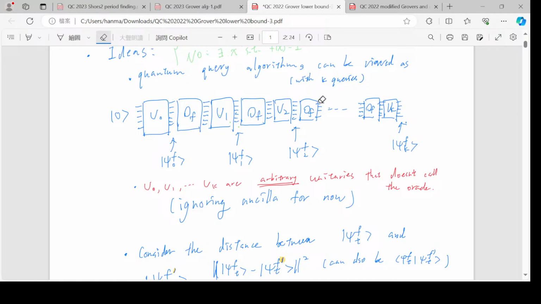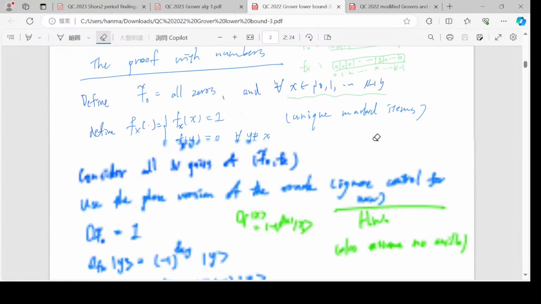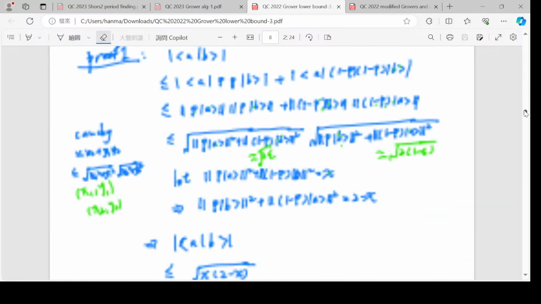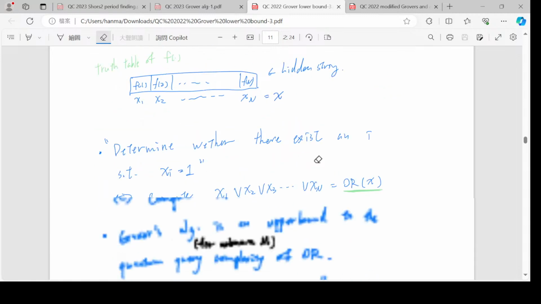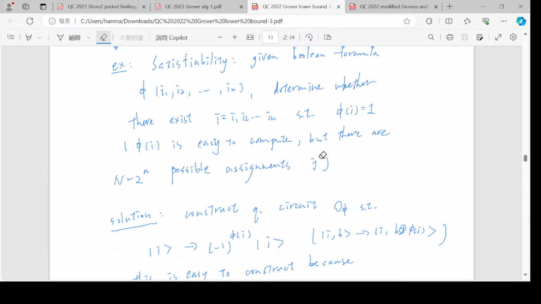Okay. If not, then let's also talk a little more about the jump. There's 10 minutes. Let's talk about a bit more theoretical application of Grover's algorithm.